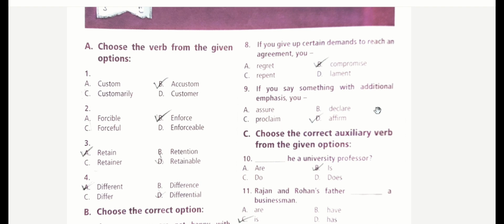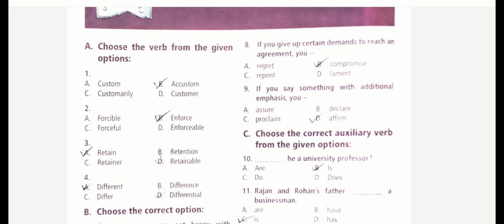So for question number 4, the correct answer is differ. Let's go to the next word, differential. What is this? This is an adjective. It means something that shows a difference or variation, especially in rates or amount.